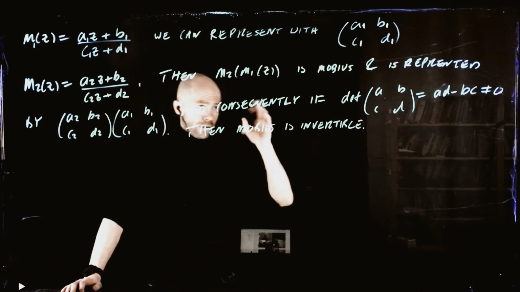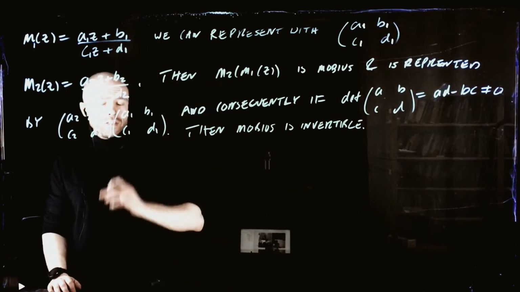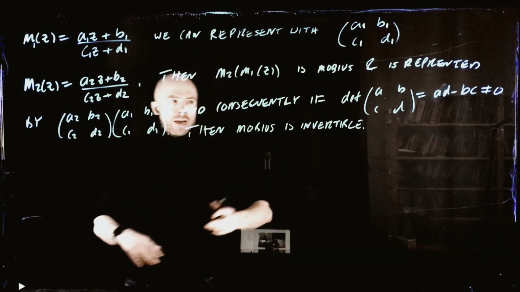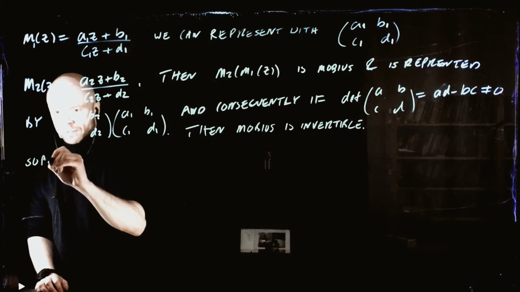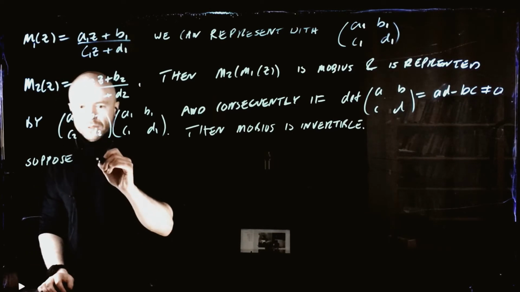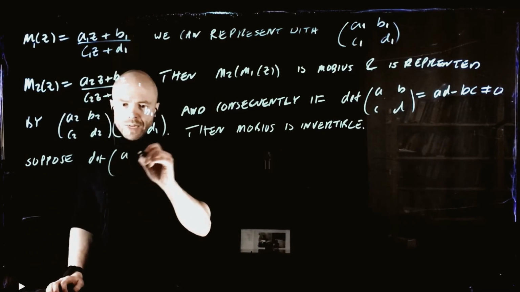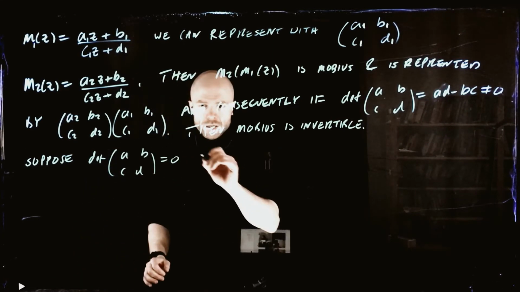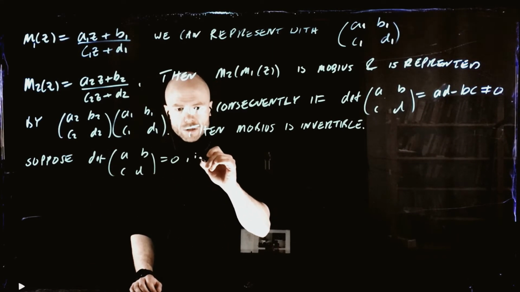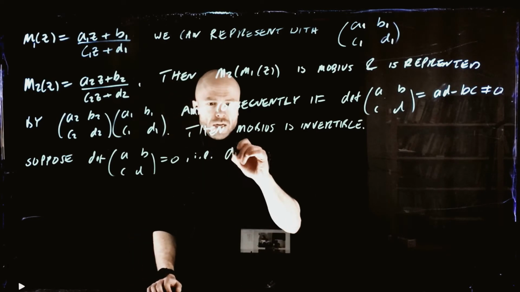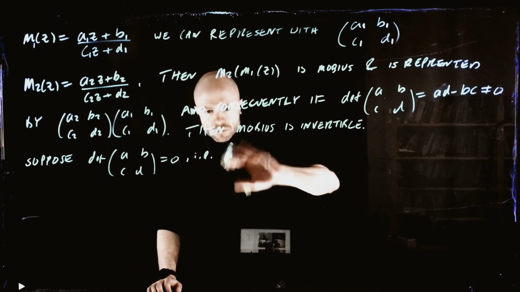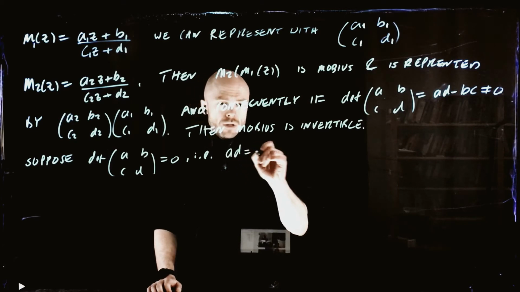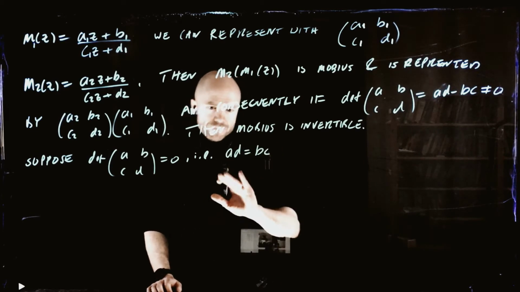So let's see when this is false. Let's see what examples of Mobius transforms don't have this property. So suppose the determinant of A, B, C, D is equal to 0, i.e., AD is equal to BC, right?